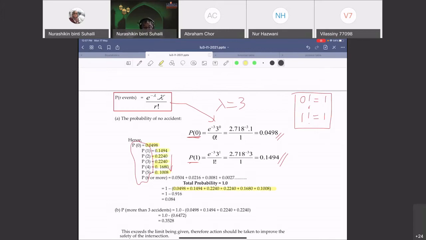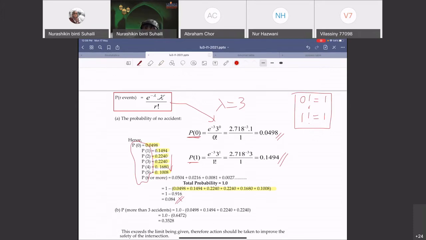Because we know that total probability is always equal to 1, so 1 minus all of those will be equal to the probability of 6 or more in this case. The final value is given as this one. So that's how you solve it, using this Poisson formula.